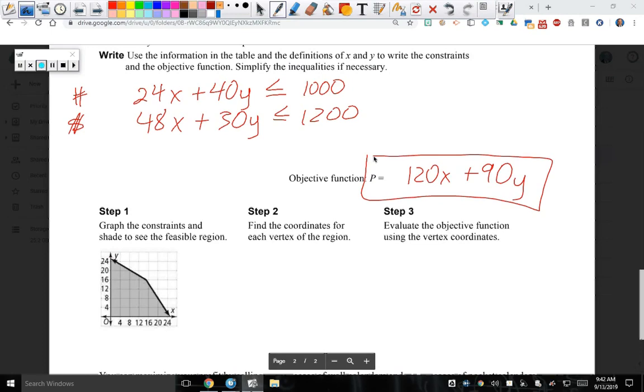There's two more. Yes? Go ahead, Thomas. Y is greater than or equal to 0, and x is greater than or equal to 0. Okay, so x is greater than or equal to 0, and y is greater than or equal to 0. Okay, there's two more still.